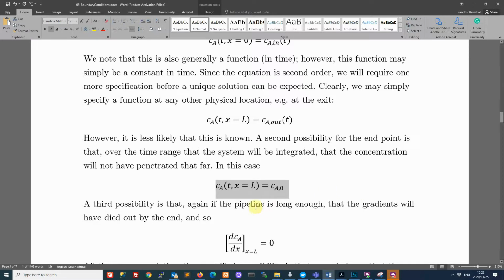We could say the pipeline is long enough that I know that the end value will not have been influenced as yet. So in that special case, we can claim that the concentration at the end point over the time range of interest is still the initial concentration.